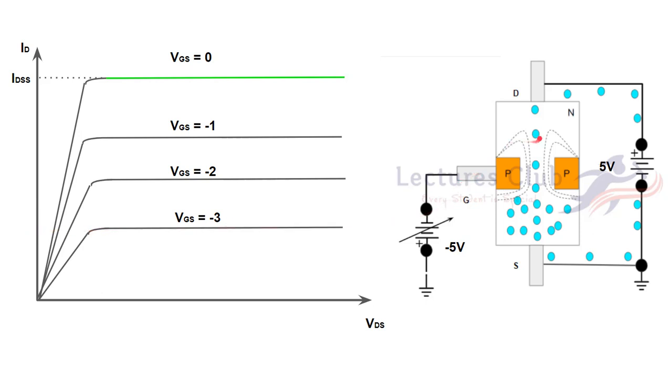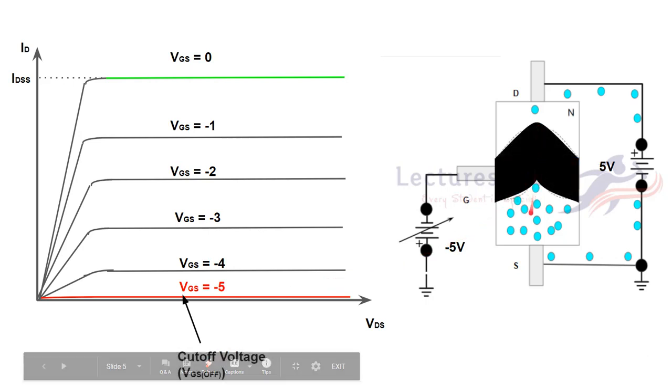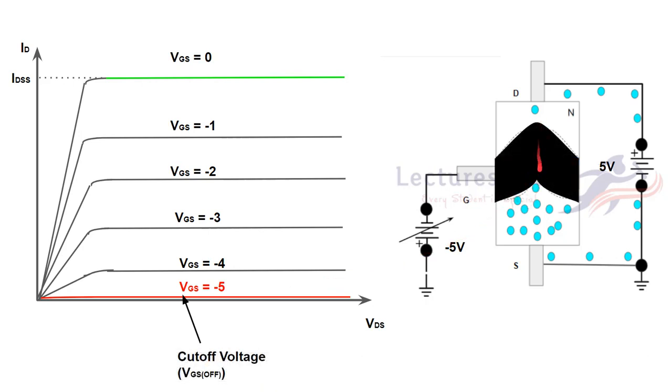Because when the depletion region increases, the channel width decreases, and the amount of flow of drain current also decreases. Then we further increase the voltage up to -4, and drain current further decreases, and then a point reaches where these depletion regions completely block the flow of current.